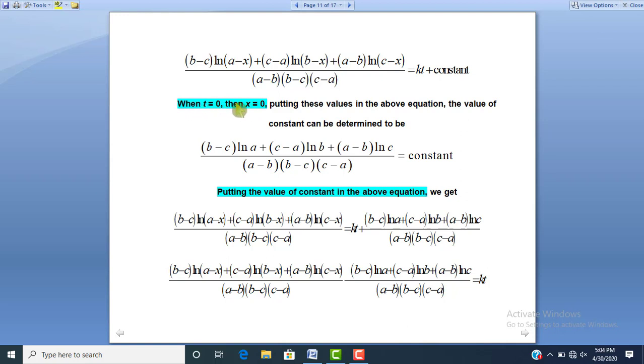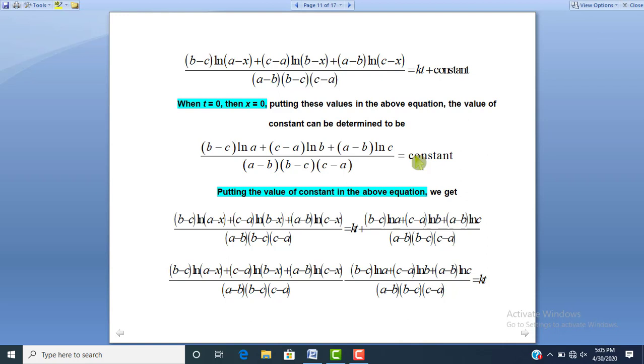If we put these values in this equation, it will be written as (b minus c) natural log of a, because x is equal to 0, plus (c minus a) natural log of b, because x is equal to 0, plus (a minus b) natural log of c, because x is equal to 0, divided by (a minus b) into (b minus c) into (c minus a), and this value will be equal to the constant. Dear students, this is the value of the integration constant.